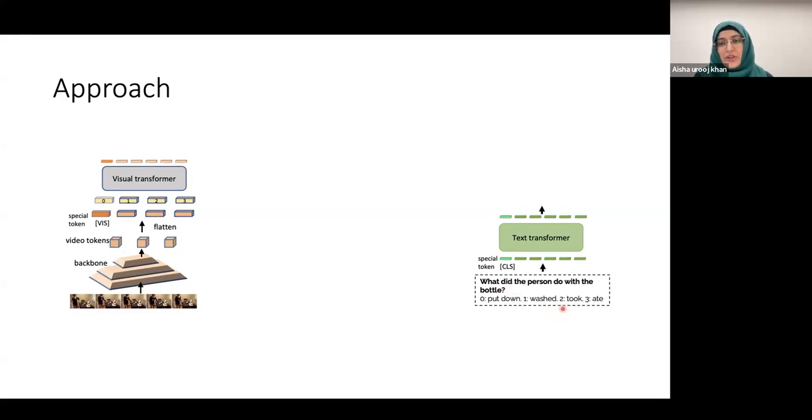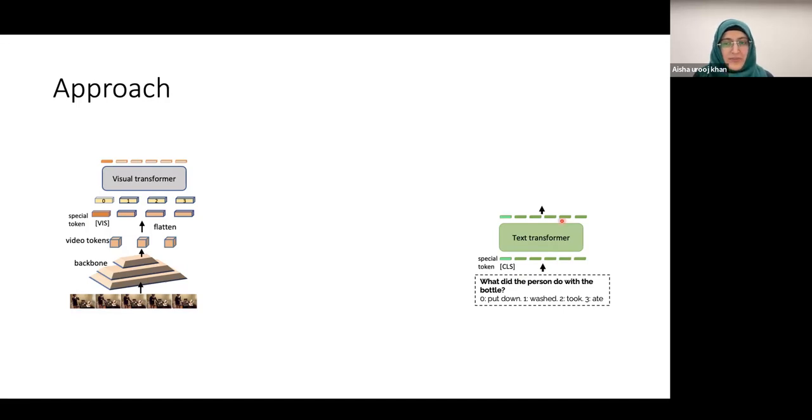Either way, you take either the question and the multiple choices, or simply the question, and pass it through a text encoder. Here we are taking a transformer encoder. We tokenize these into words and append a special class token to it. Then this is passed through a transformer encoder to get the encoded question words.